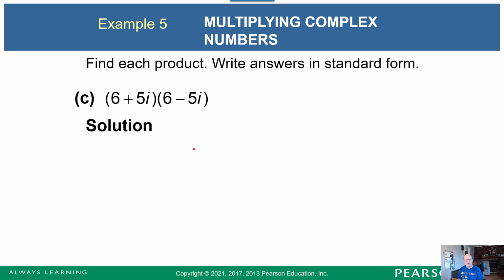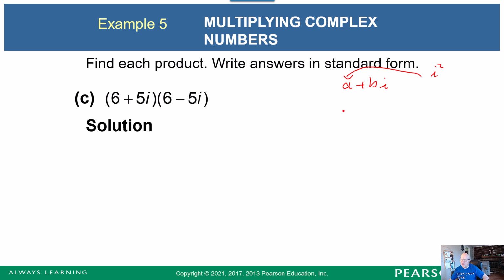All right, how about this one? And you're thinking to yourself, oh, I can do this one. Well, this particular product is here for a special reason. Because remember, in the last two, we ended up with something that looked like this. Remember, we had an i squared in there. It gave us another part for the real number. This is different.